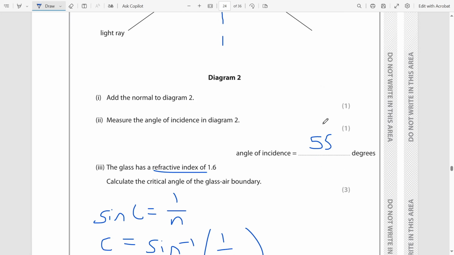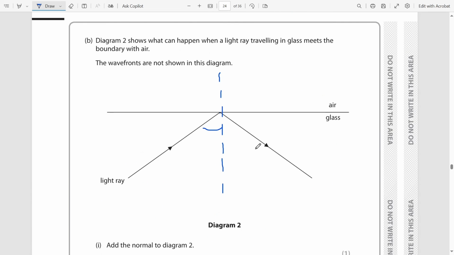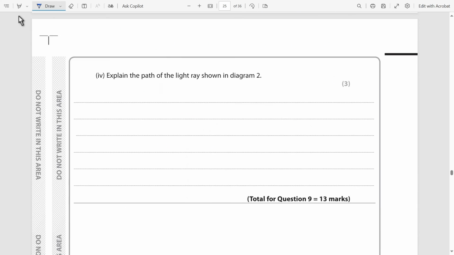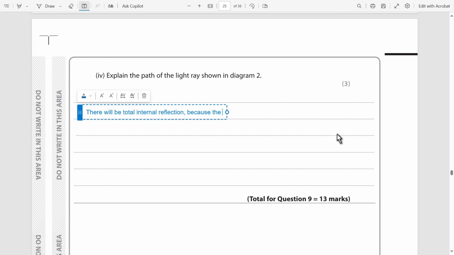So guys, because this is at 55 degrees, and this is in glass, by the way, what's going to happen is there will be total internal reflection because the light is traveling from a higher refractive index to a lower.